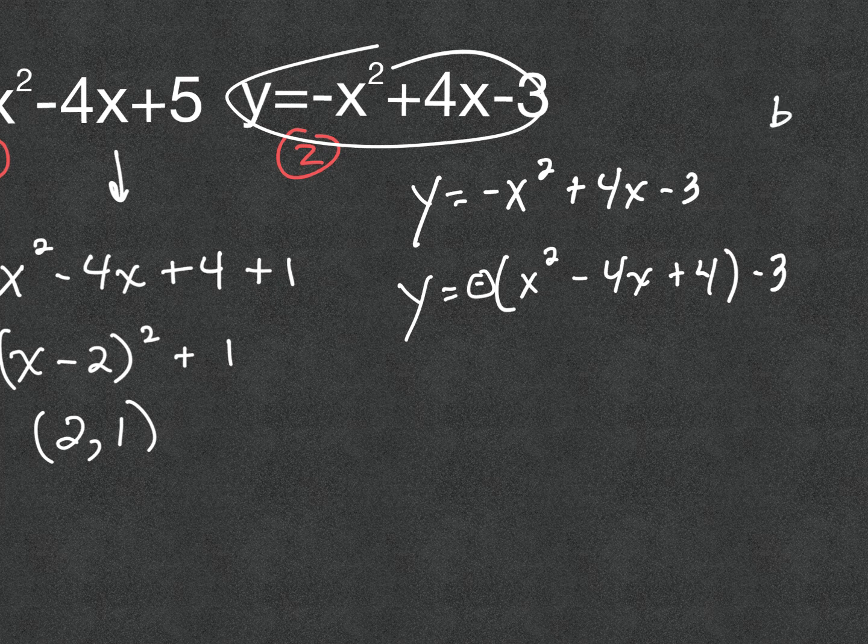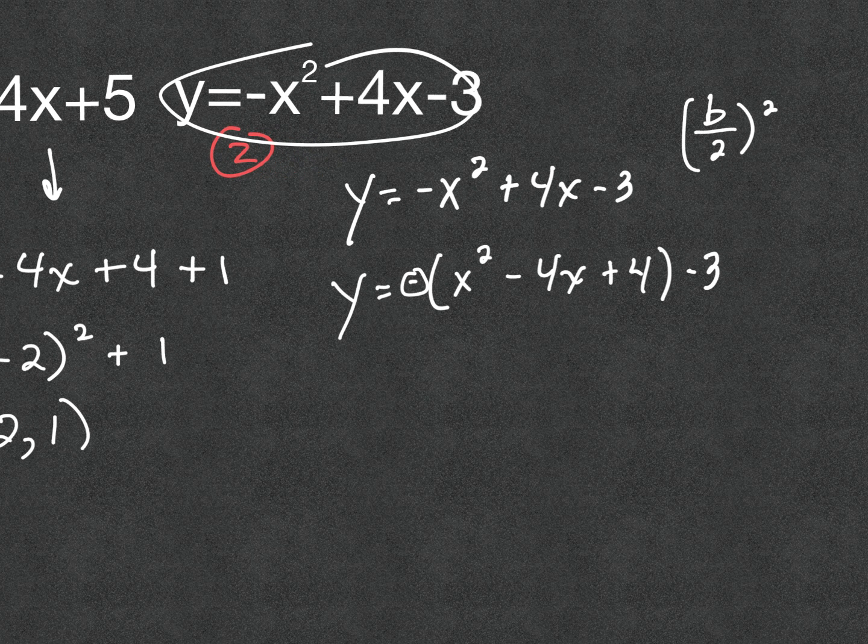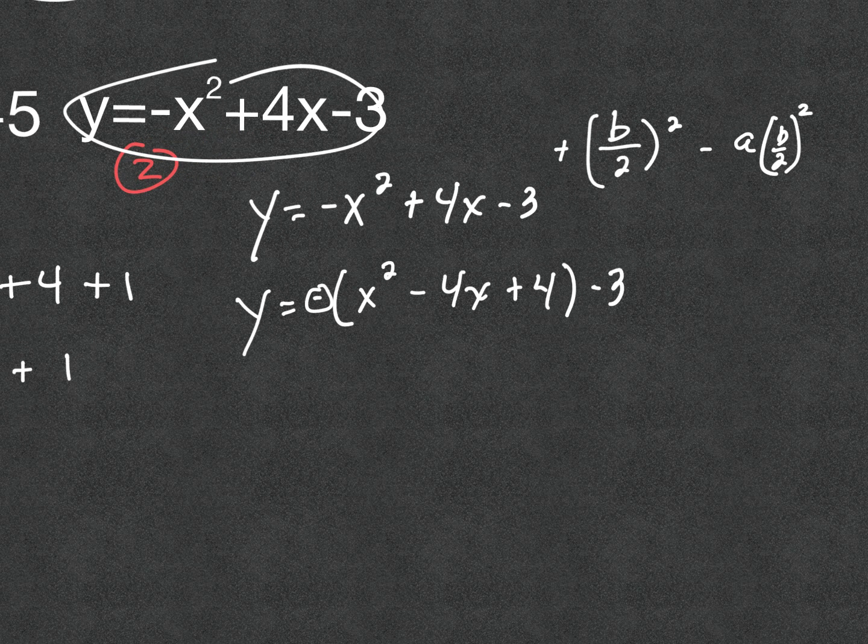Or if you want to think about it, (b divided by 2) squared. So if we added it, we subtract a times (b divided by 2) squared on the outside. So (b divided by 2) squared times a negative 1 would be a plus 4 if I subtract it, because a is negative, so there's really a positive there.